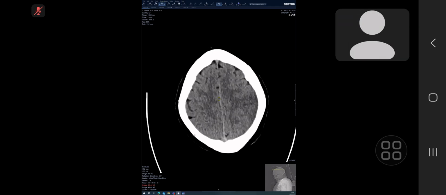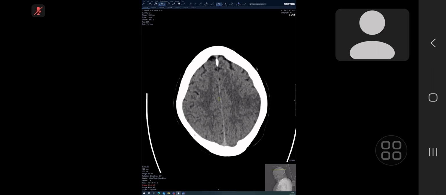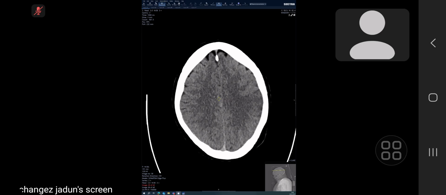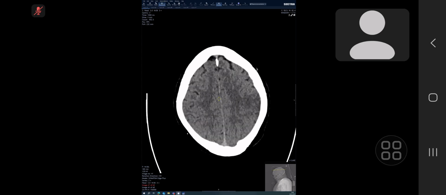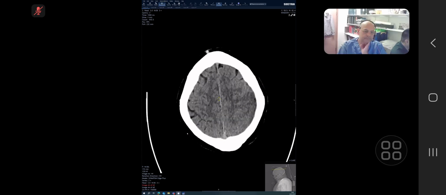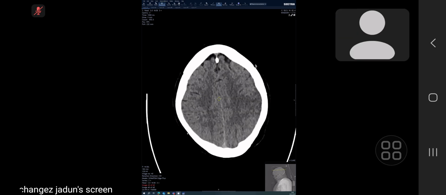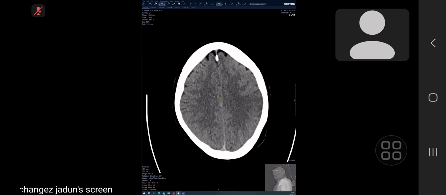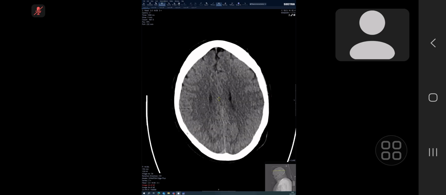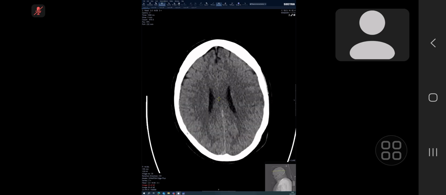In the left frontal lobe, I can see a hyperdense lesion. Please go to the vertex, sir. Yeah, it's in the falx. Probably it's a calcification in the falx cerebri.